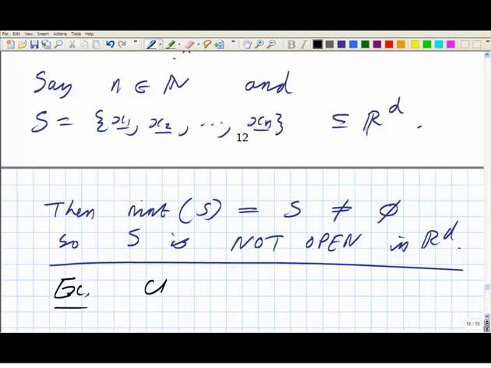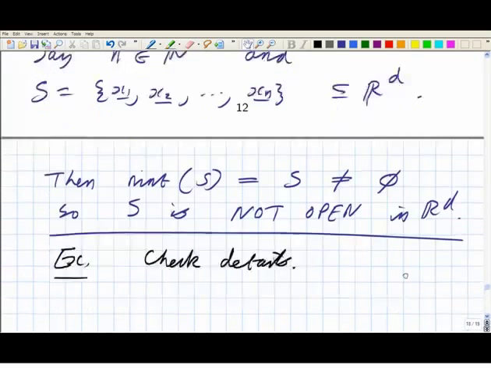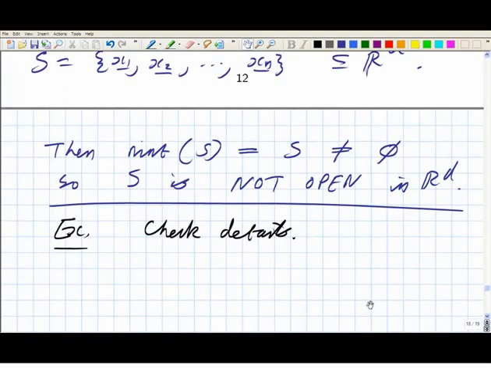And S is not empty, remember, so S is not open. Again, it's an exercise to check the details, but you should be able to convince yourself that this really does work for any non-empty finite set in R to the D.